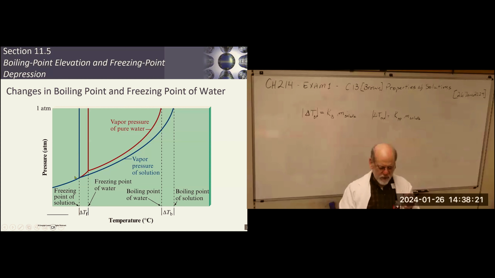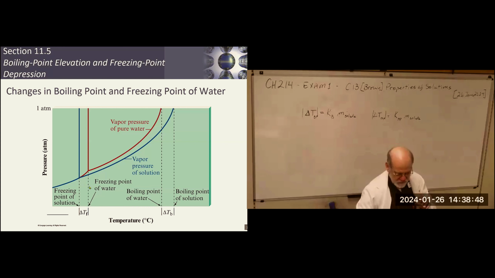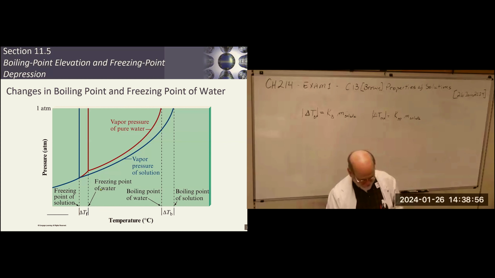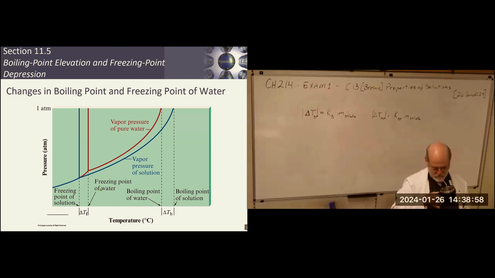Our vapor pressure is dependent upon temperature, and as you decrease the temperature for the pure solvent, you get a freezing point here. But in order to freeze it with a solute involved, you have to decrease the temperature even further. The pressure drops because you've got a solute in there. That's not as pretty as the boiling point, but okay.